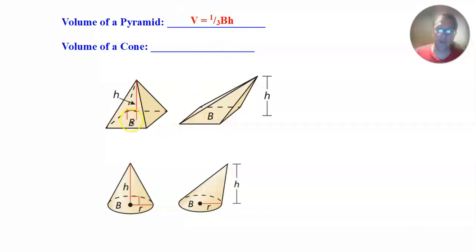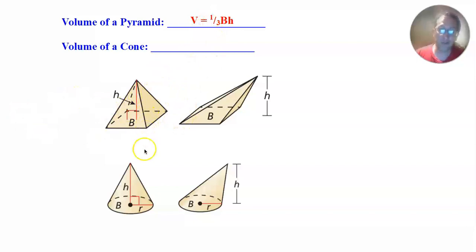And just like with prisms, Cavalieri's principle still kind of works with this. The volume of this pyramid is going to be exactly the same as the volume of this pyramid. We just kind of pushed it over, but we haven't changed the amount of volume in the pyramid. So Cavalieri's principle works with pyramids as well for volume, not for surface area, but it does work for volume.